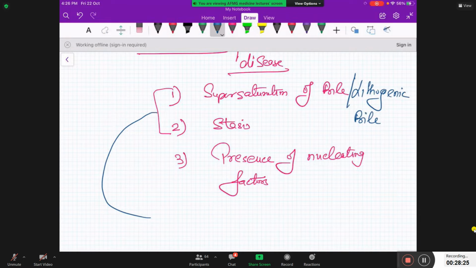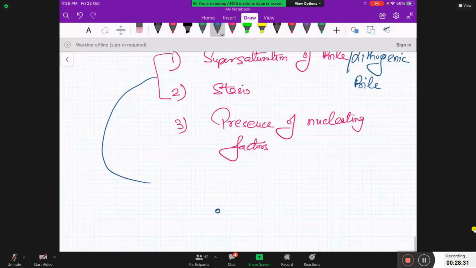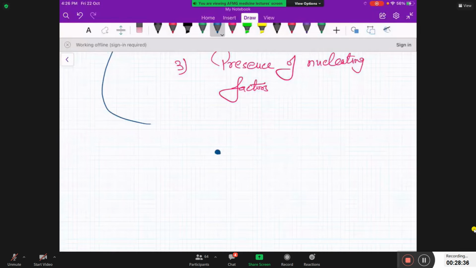You all must be aware that the cholesterol molecule per se is insoluble in water. So it floats in water, and once it floats in water, it has very high chances of getting precipitated and forming a stone.